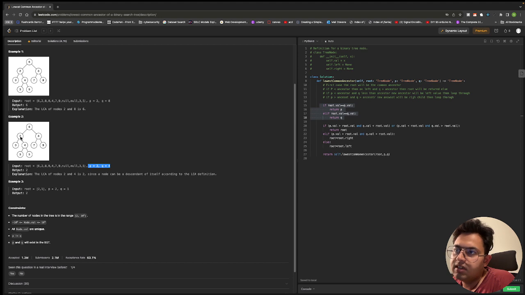Now I compare this value with our P and Q. I compared it with P, and it's the same as P. That means this will be the parent of anything which is below it. So from that I said, okay, let's return this.